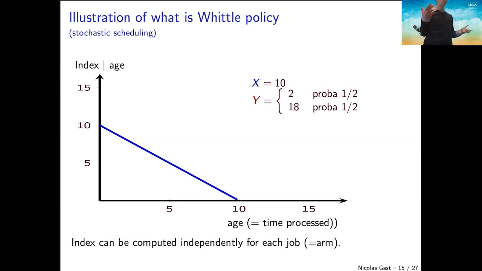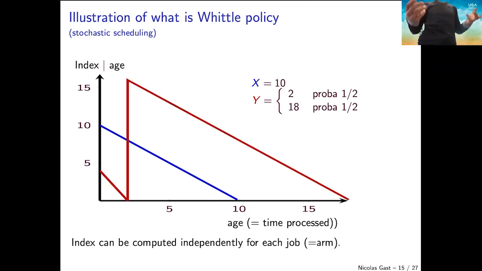And now what about my Y job? What you can show is that essentially at time 0, I should pay you 4. Because if I pay you 4, you know that if you run the job for 2 hours, with probability 1/2 it will be finished, and then you can stop working on the job.